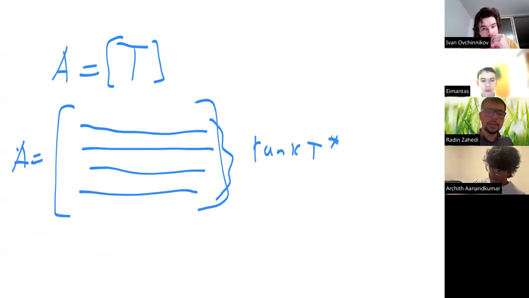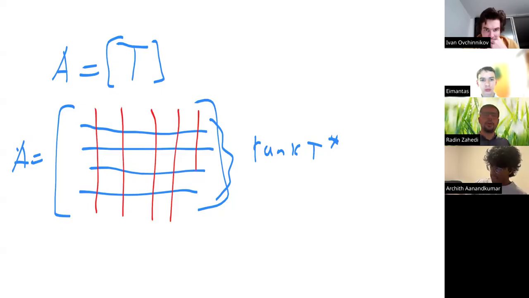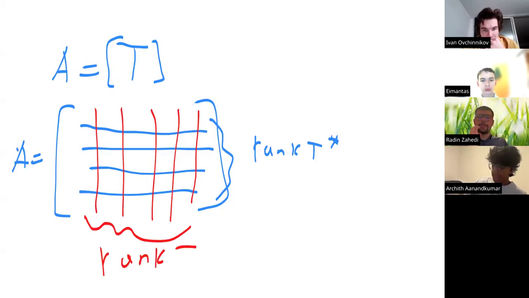On the other hand, we also knew from earlier that the dimension of this span of the columns is just the rank of T itself. Now we have figured out that these two quantities are equal.